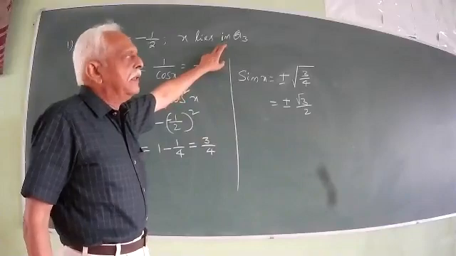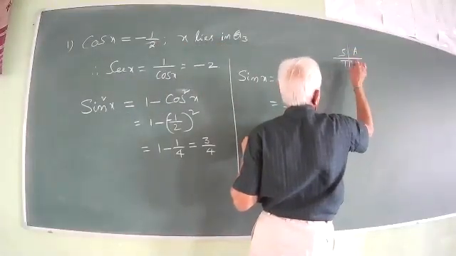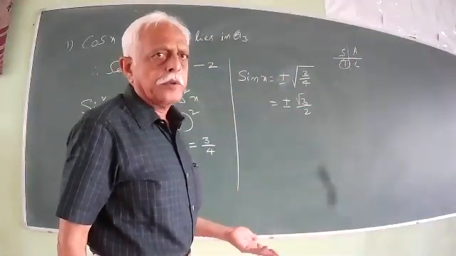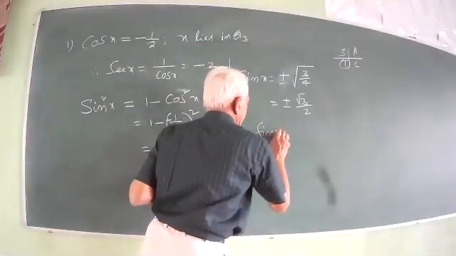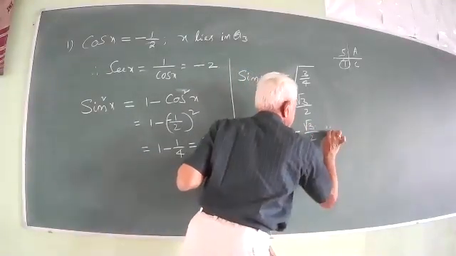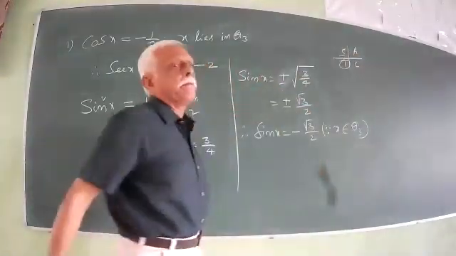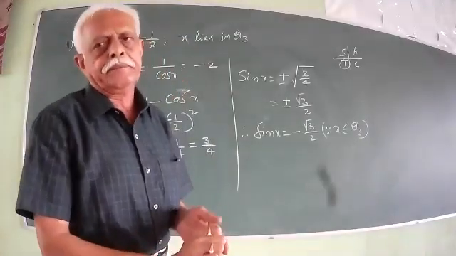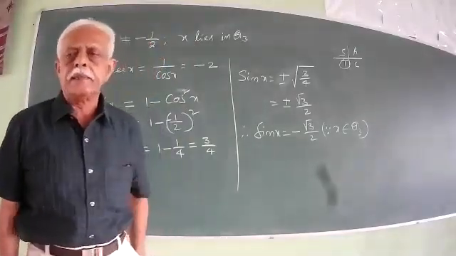Third quadrant belongs to tan, that is the tan ratio, which means sin will be negative. Therefore, sin x is equal to minus root 3 by 2, since x belongs to Q3. Basing on the quadrant only, you have to fix the sign. So come on, copy down fast.